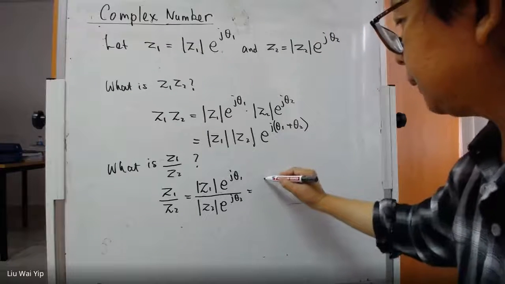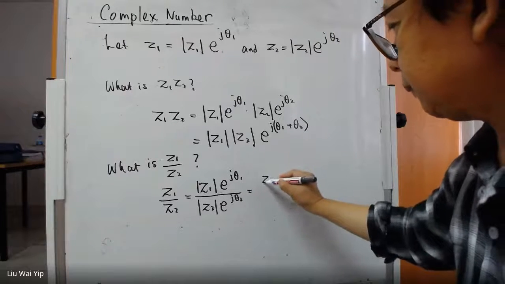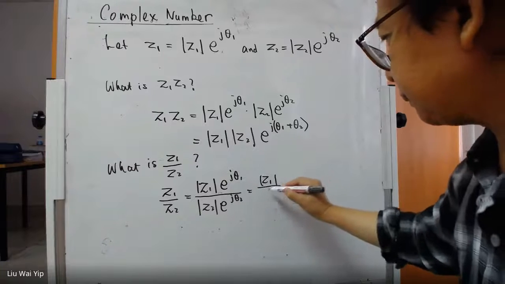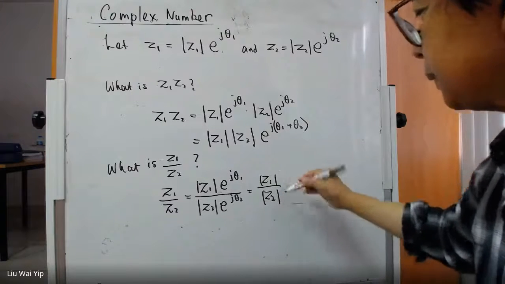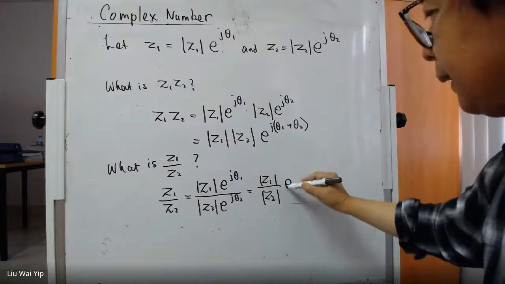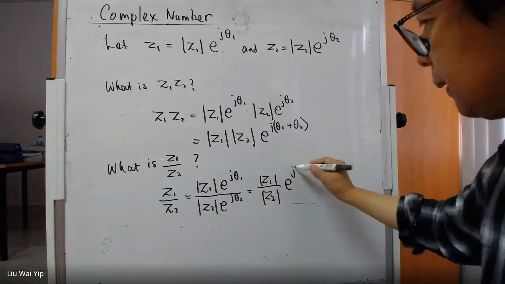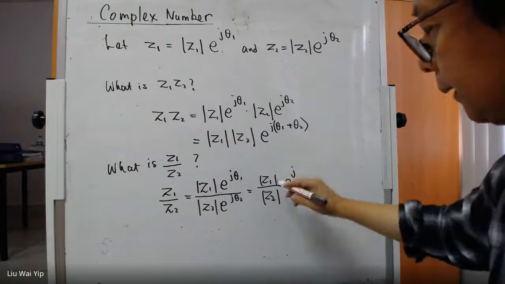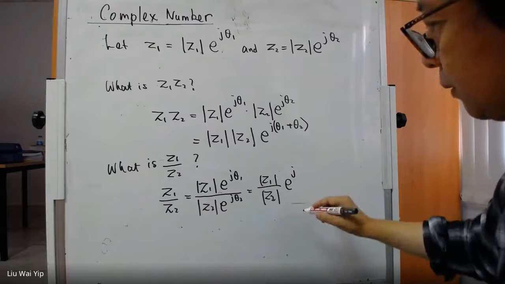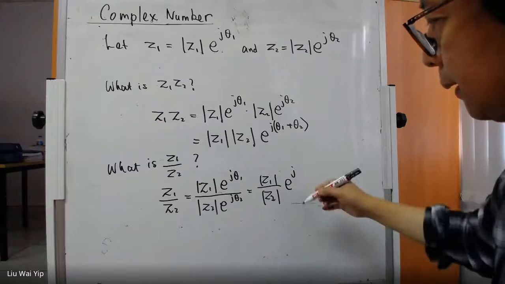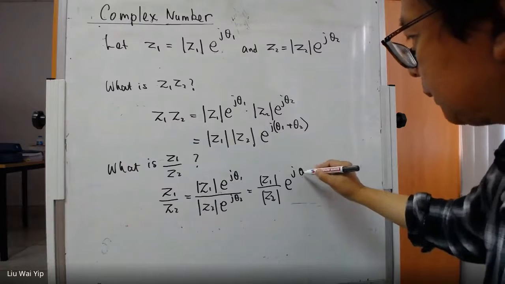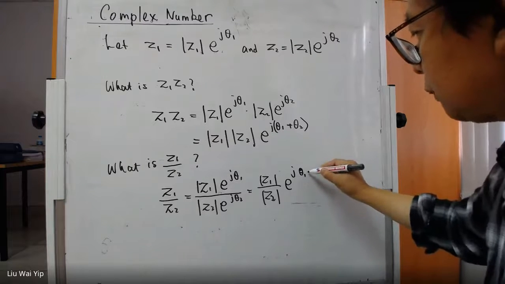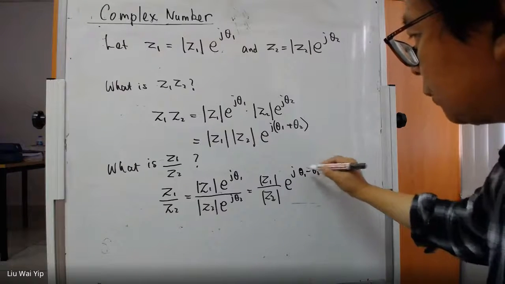And we can say that eventually we end up with another polar expression, and the argument of this complex number is going to be theta 1 minus theta 2.